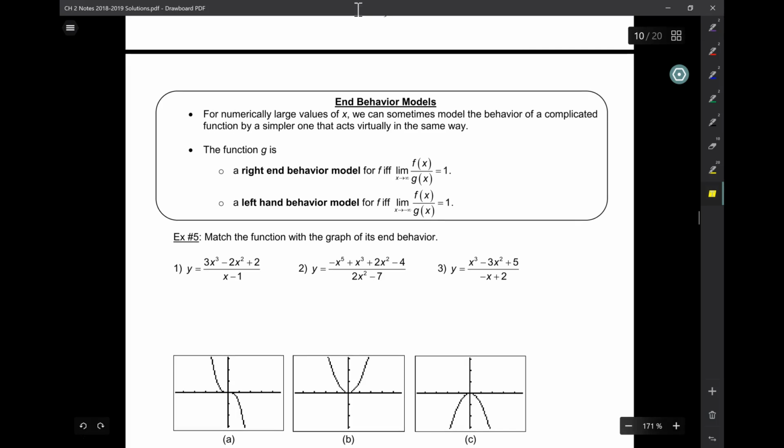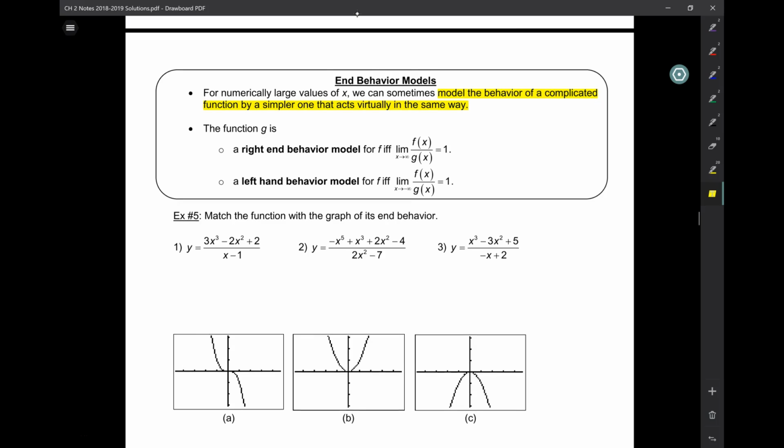So what they do is they model the behavior of a very complicated function by a simpler one that acts virtually in the same way. How do we do this? The right end behavior model is what happens when we look at x approaches infinity. The left-hand behavior model is what happens as x approaches negative infinity.